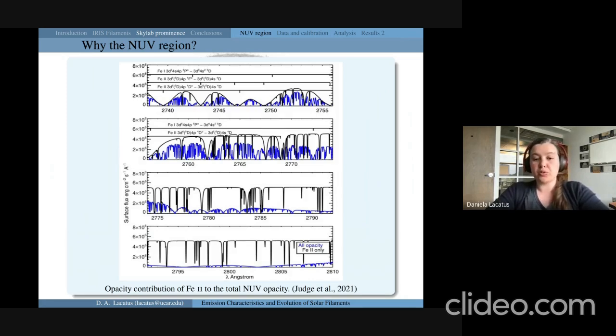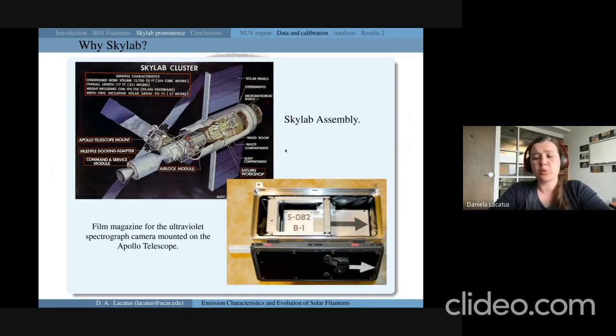We are interested in this region because a lot of important contributions to opacity in the chromosphere are present in this region. For instance, here I'm showing the contribution to opacity of iron-2, which, especially where the lines of iron-2 are very dense, are important contributors to the ultraviolet opacity.